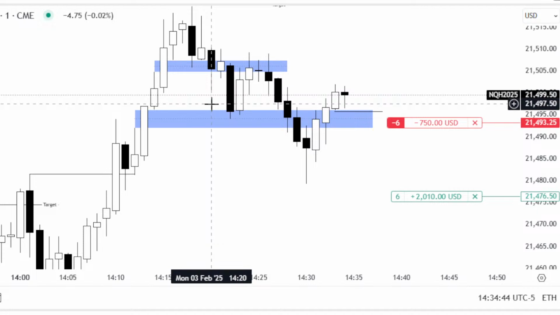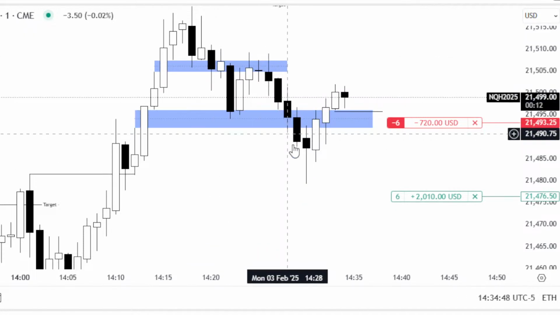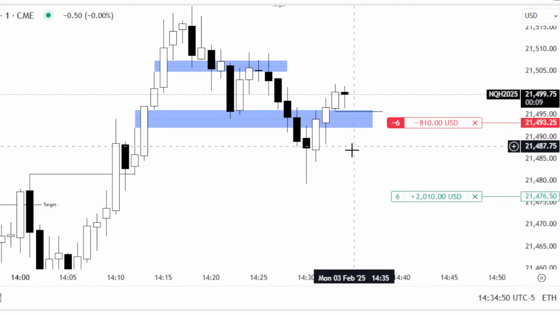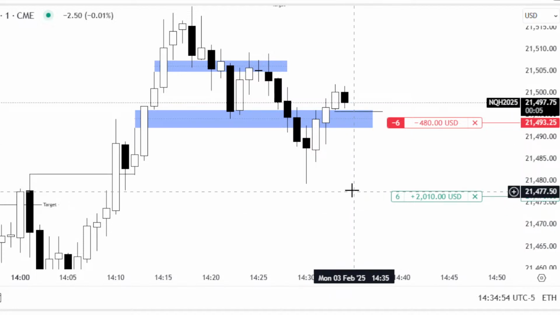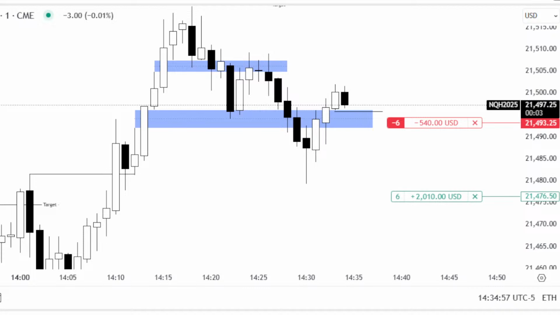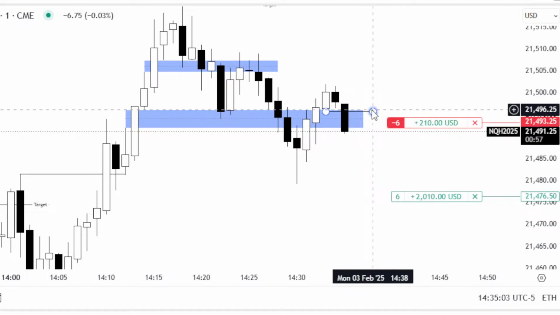Looks like it's one low. Be nice to see one push lower. Didn't get that close.